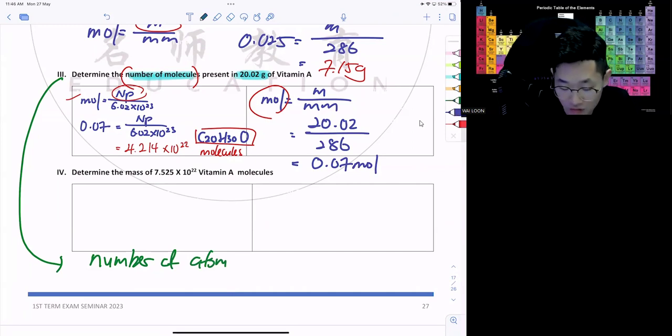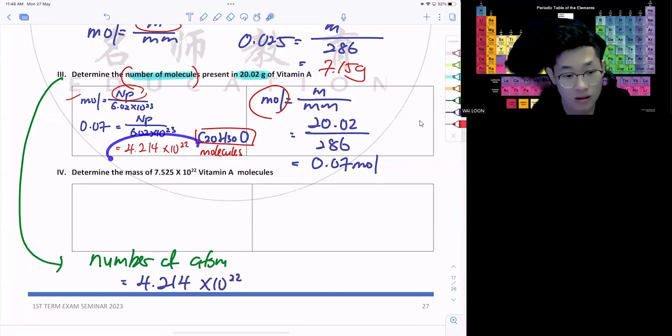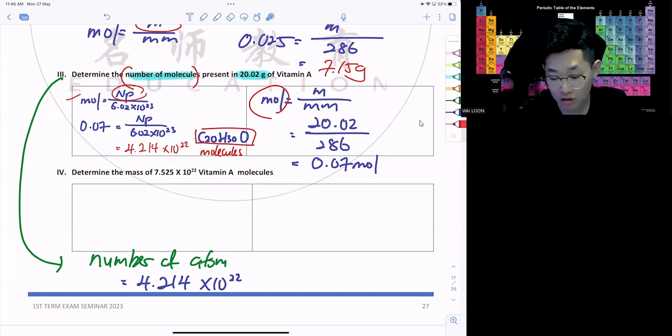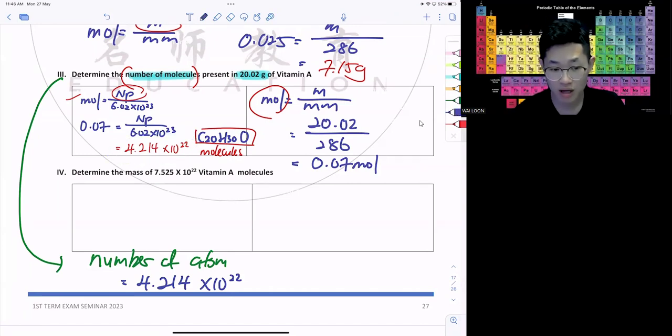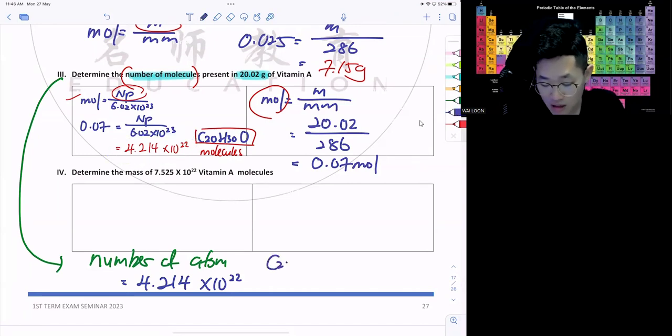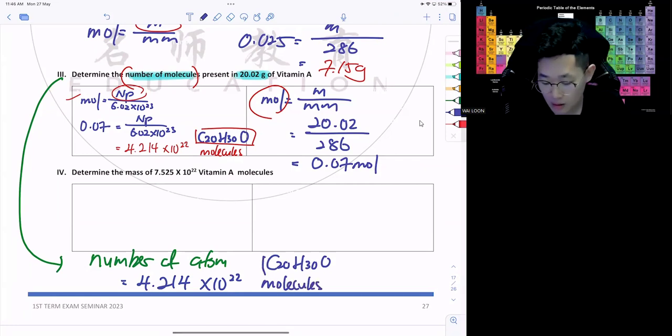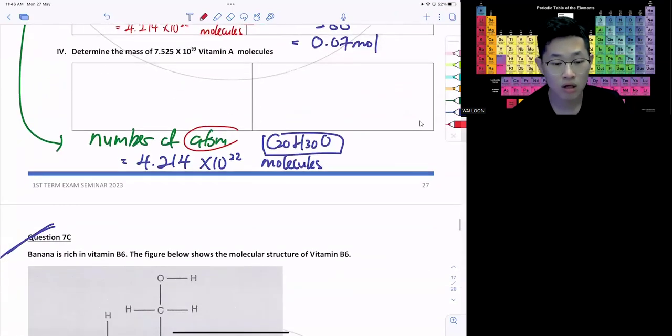After I got 4.214 times 10 to the power of 22, I'm not going to write atom straight away. I will still ask myself, what's the substance? Oh, C20H30O. This is a molecule, so I still write back molecules. But the question wants atom. What do I do? Convert unit.